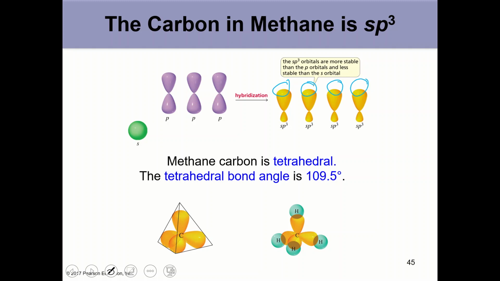When we form a carbon to hydrogen bond, like we do in methane, those sigma bonds are formed using an sp3 orbital to an s orbital. So now we're going to start defining our bonds by the orbital types that make them. So our single bonds to hydrogen shown in methane are made from an sp3 orbital to an s orbital, with sp3 being the carbon orbital and s being the hydrogen's orbital.